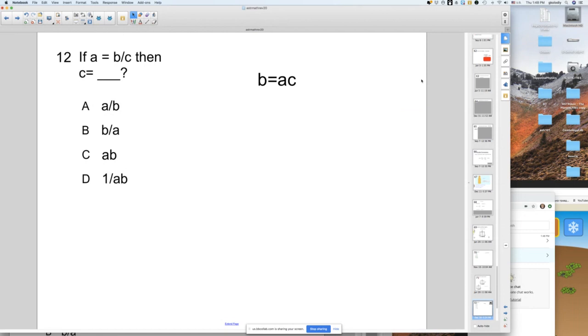Now can you solve for C? Whatever you do to one side, you got to do the same to the other side. To isolate the C, I have to divide this by A. I have to divide that by A also. The A's cancel here, and so you have C is equal to B over A.